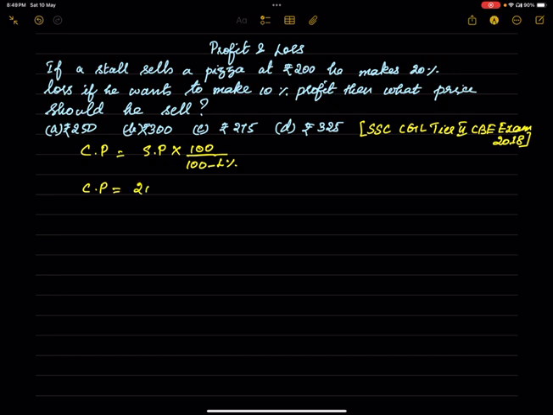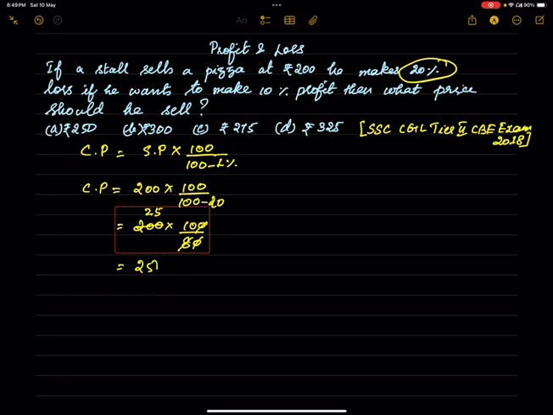200. So 200 into 100 by, loss is 20, no? 20 percentage is loss percentage. So 100 minus 20. What is the answer? 200 into 100 by 80. Cancel the zeros, 8 twos are 16, 5 times.